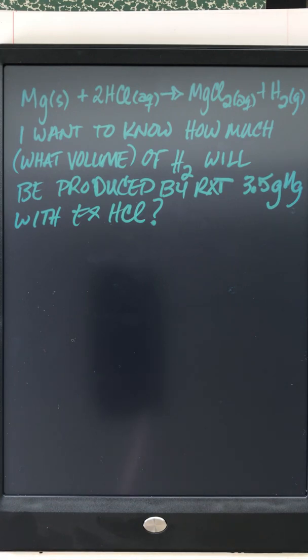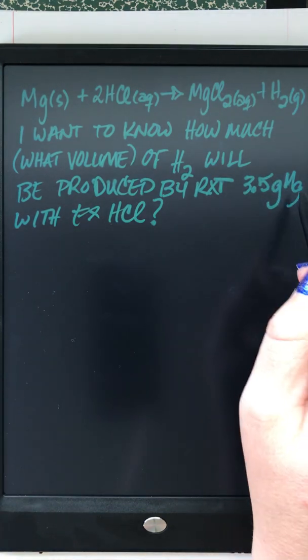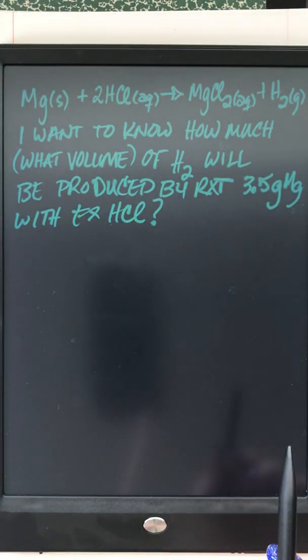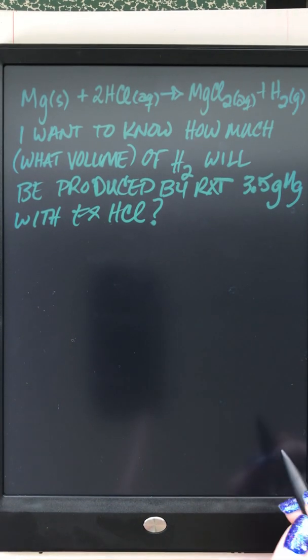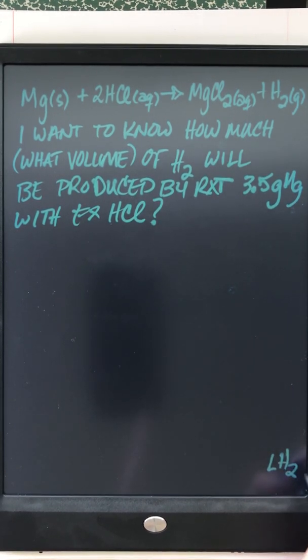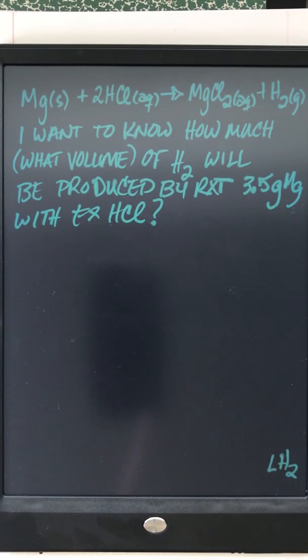So knowing that magnesium is our limiting reagent, we can assume that all of this magnesium was reacted to form hydrogen gas, right? So what we're looking for in this problem is a volume of H2. So that's where we're trying to go.